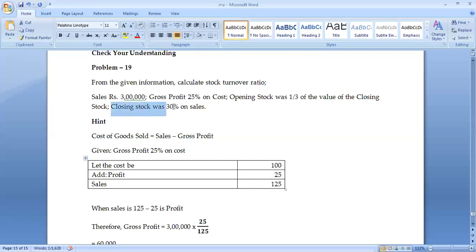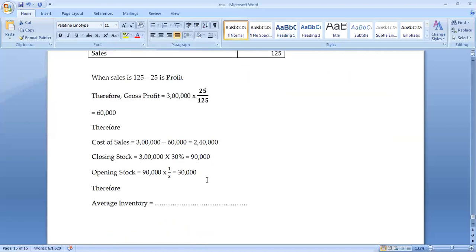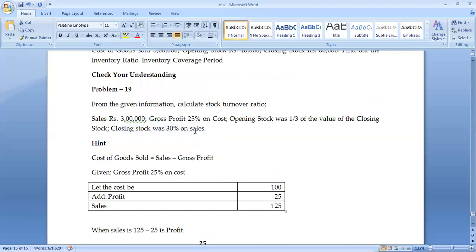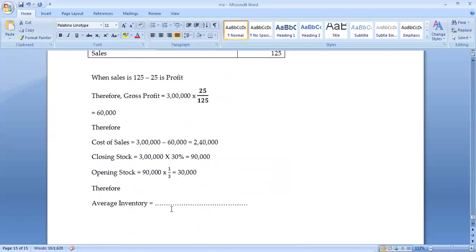Closing stock was 30% on sales, so take the 30% on sales. Directly you get the answer as 90,000. Now with the hint they have told you, opening stock was 1/3 of the value of closing stock. So find the closing stock, then apply 1/3 value, which gives you 30,000.